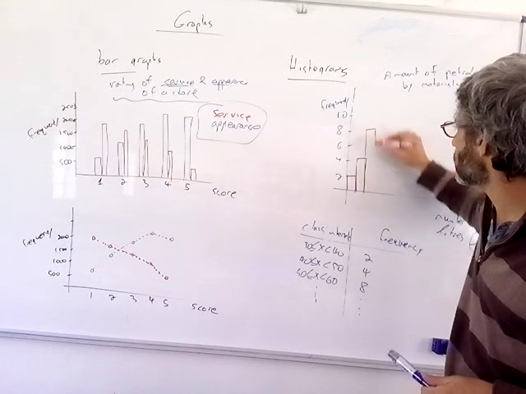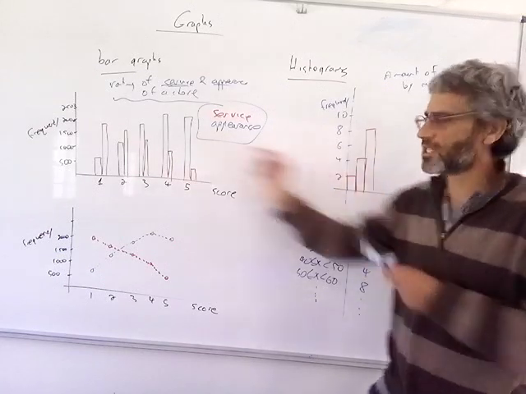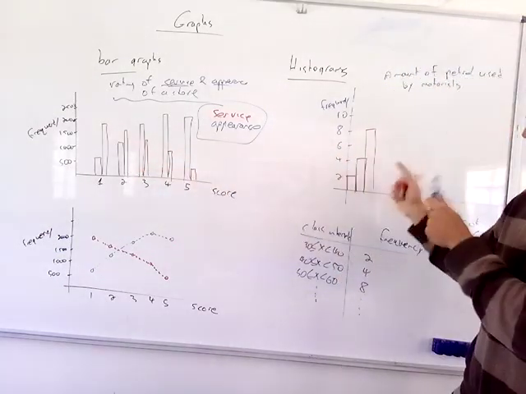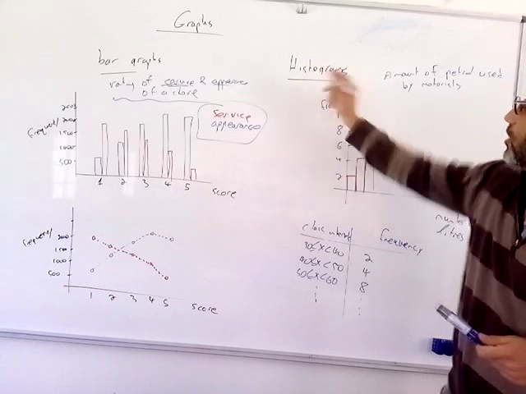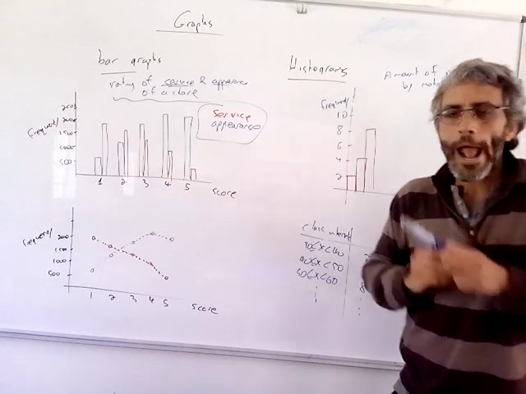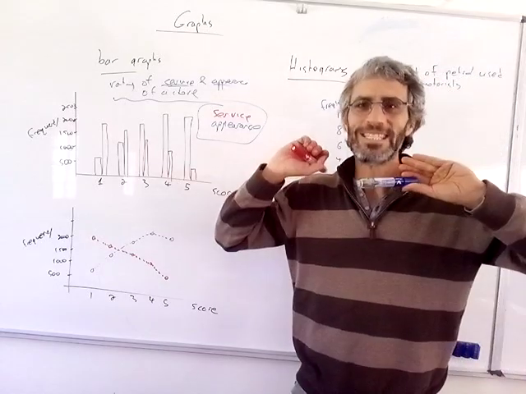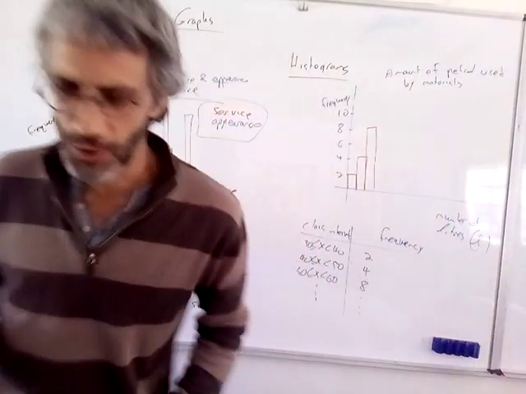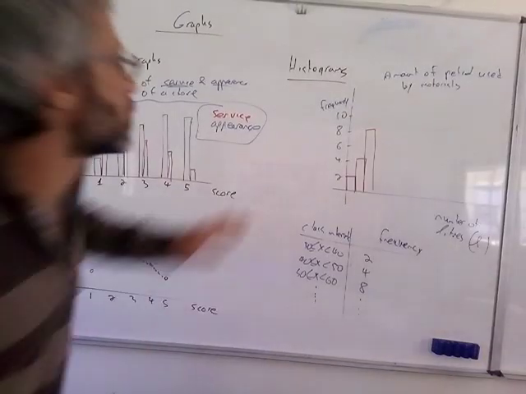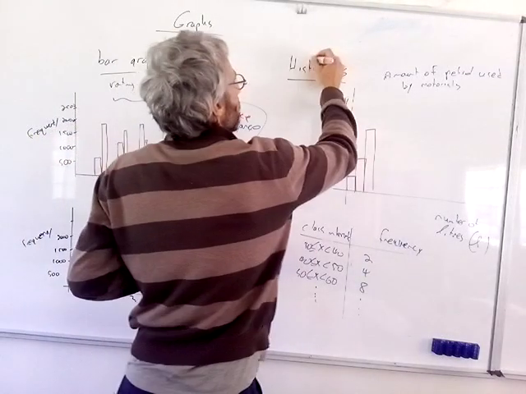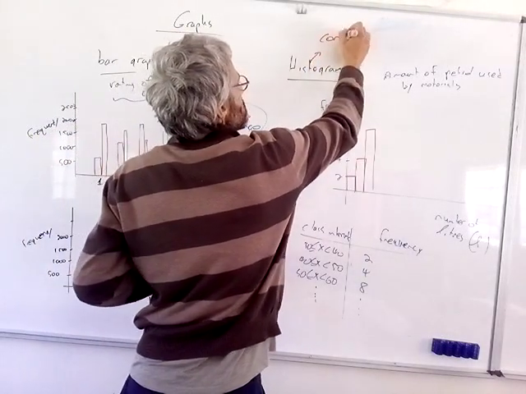The question is, when do we do this and when do we do that? When the bars are touching each other, we call it a histogram. And we use a histogram when the data is continuous. So histograms are used for continuous data.